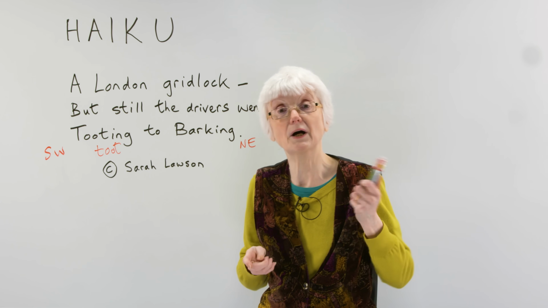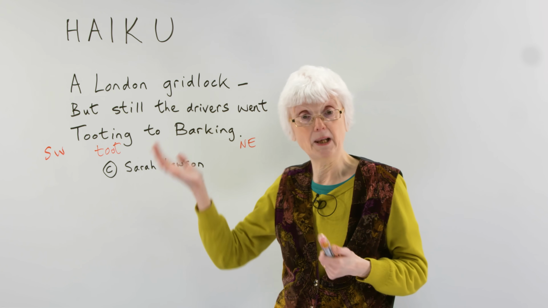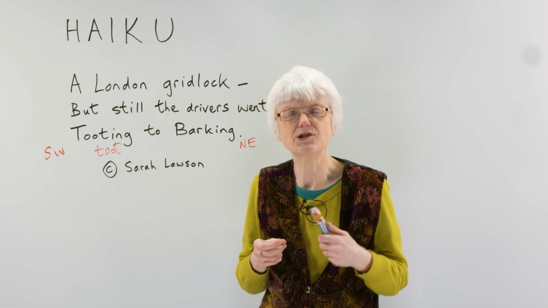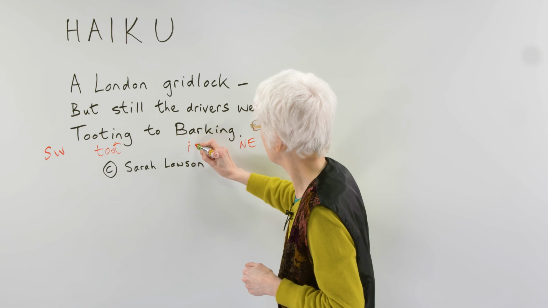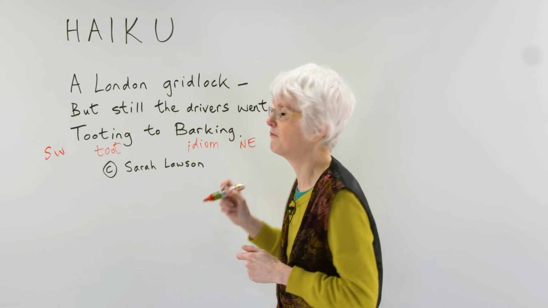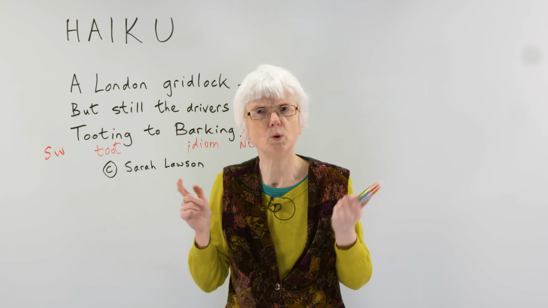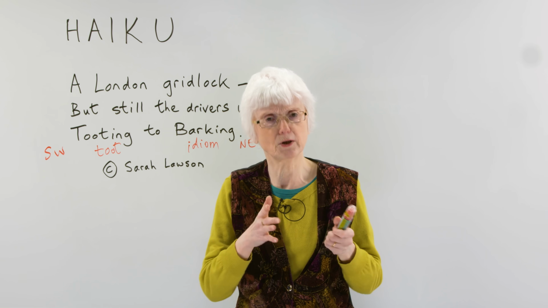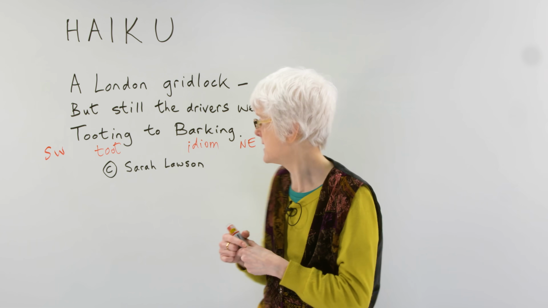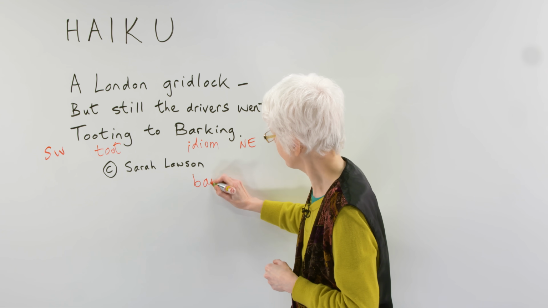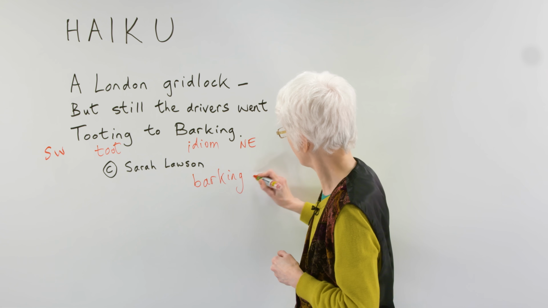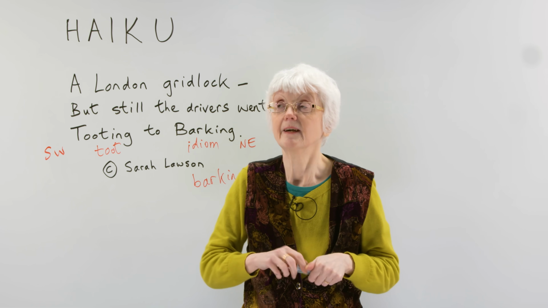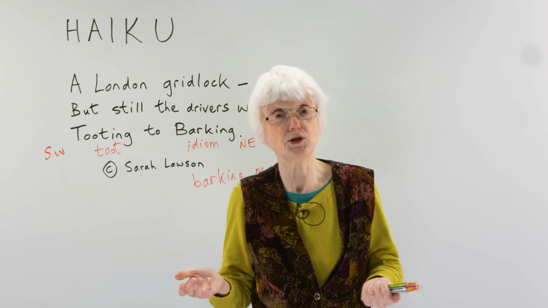And also Barking is the place, but barking is also an idiom for somebody who is going a bit crazy, because the full term is barking mad. Okay, so if somebody is barking mad, you imagine them barking like a dog.